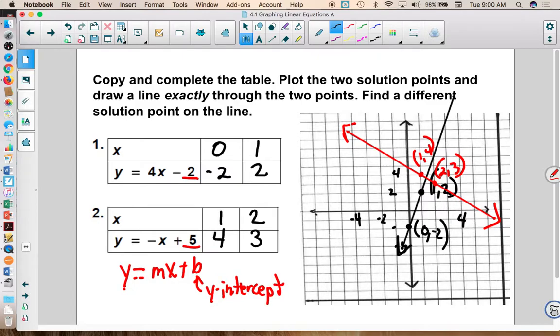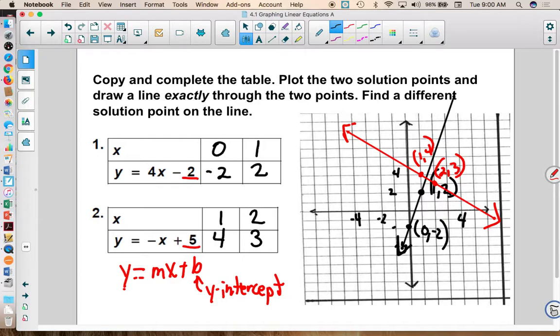That is something you want to pay attention to. Because if I know where the y-intercept is, could I forget the table and put a dot right there? It's going to give me 1 point, but I know the line has to go through it. Kind of a little hint of where we're headed.